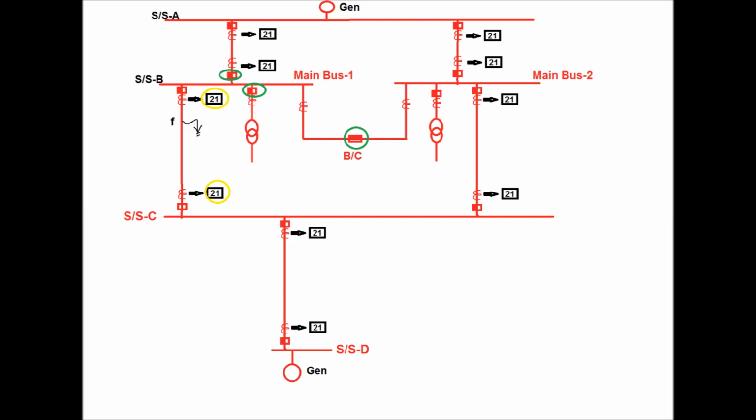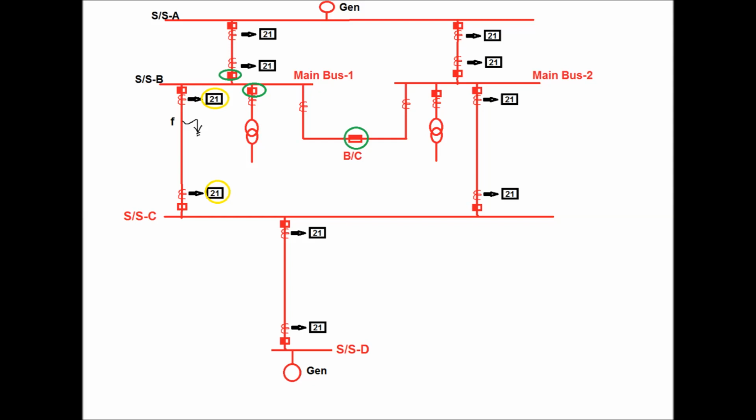But again, if the circuit breaker fails to clear the fault due to breaker pole stuck, then after 200 milliseconds it will energize the trip bus for main bus 1, and thereby it will trip all the circuit breakers associated with main bus 1 and the bus coupler, not the main bus 2 circuit breakers, and thereby it will clear the fault from main bus 1.